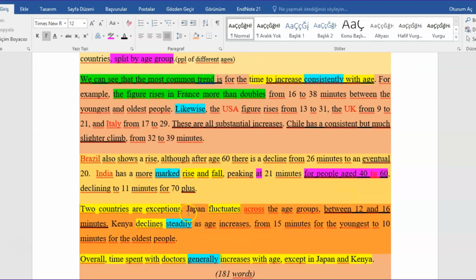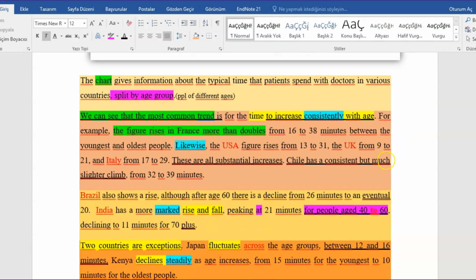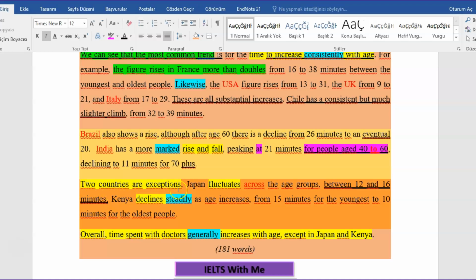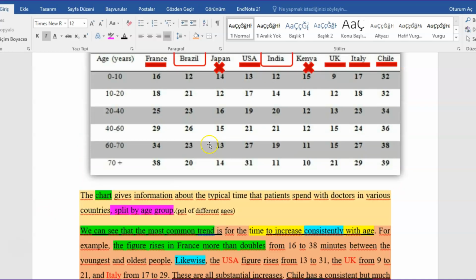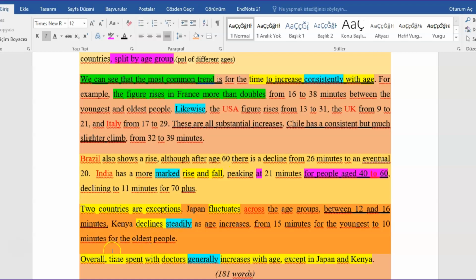Now we only have to talk about Japan and Kenya. We talked about the other countries. Japan and Kenya are exception countries. Japan fluctuates across the age groups between 12 and 16 minutes. Kenya declines steadily as age increases, from 15 minutes for the youngest to 10 minutes for the oldest people.